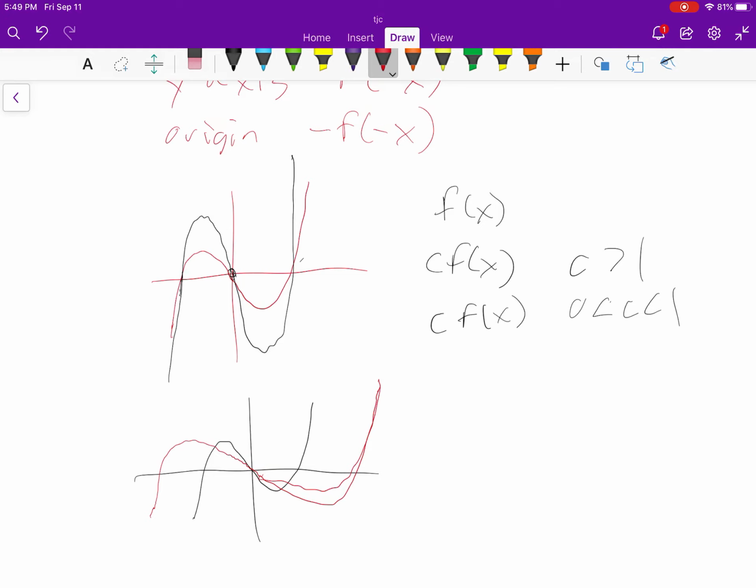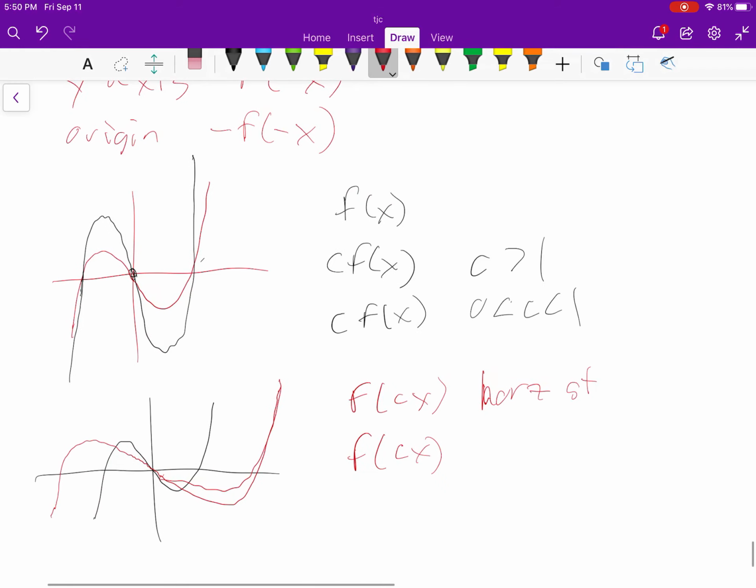Well, then you have to do it on the inside. So then it's f of c of x. This is a horizontal stretch when c is less than 1. It's a horizontal shrink if c is greater than 1.